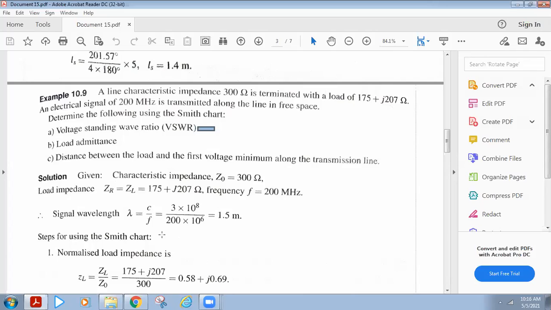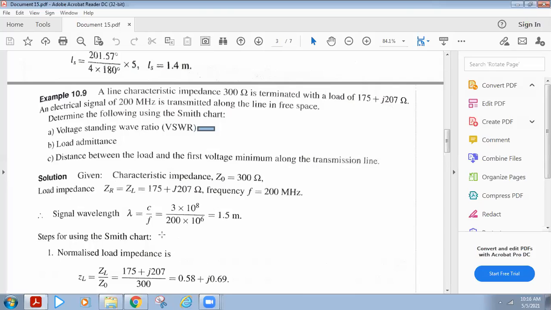That is the F value, not the omega value. To find omega, omega equals 2 pi F. Next, signal wavelength is lambda equals c by F, which is 1.5 meters.